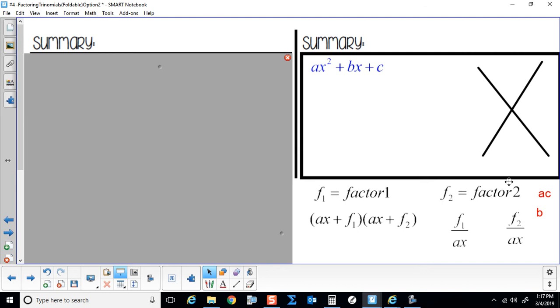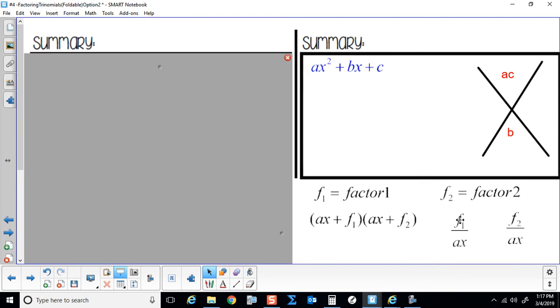In this region, we're going to take a times c from our trinomial and place that there. In this region, we're going to place the coefficient b. Then we're going to determine the two factors that multiply together to give us ac and add to give us b.